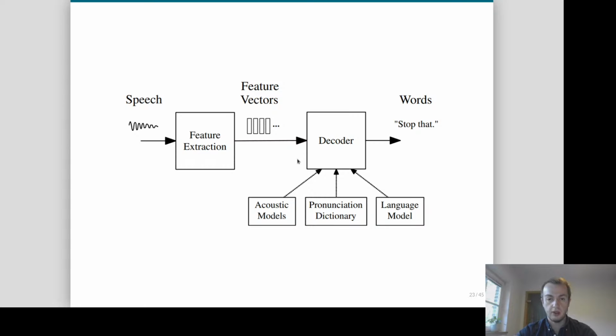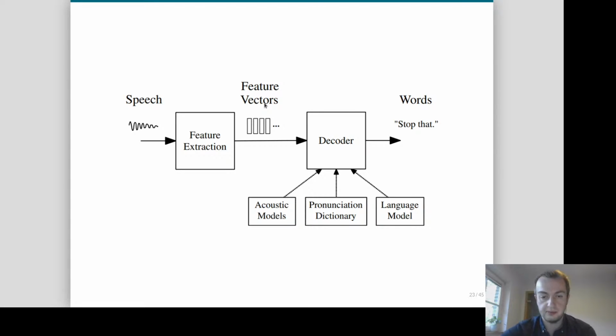So before we do that, maybe I can explain this, which is basically the overall architecture of the system I've talked about, which goes from speech to words. We would have several steps. First, feature extraction to go from speech to feature vectors. These feature vectors would be these y acoustic vectors, right?